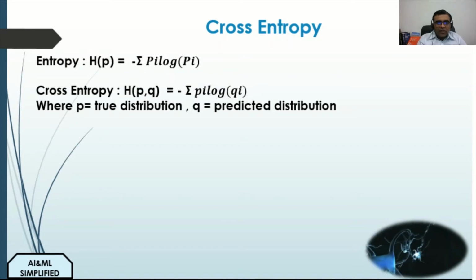Now, for binary classification, we call it binary cross entropy.